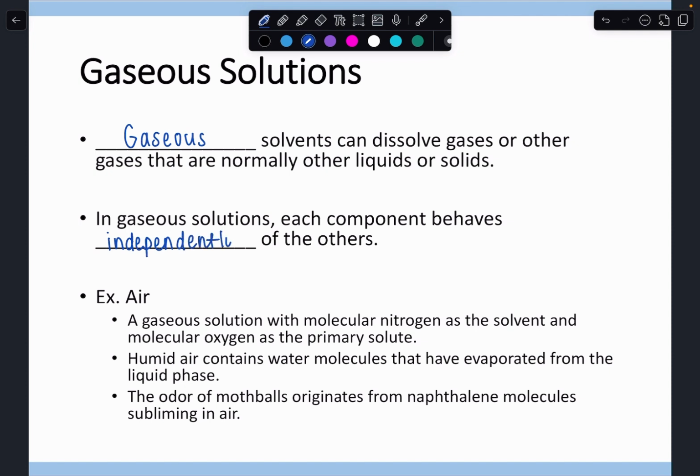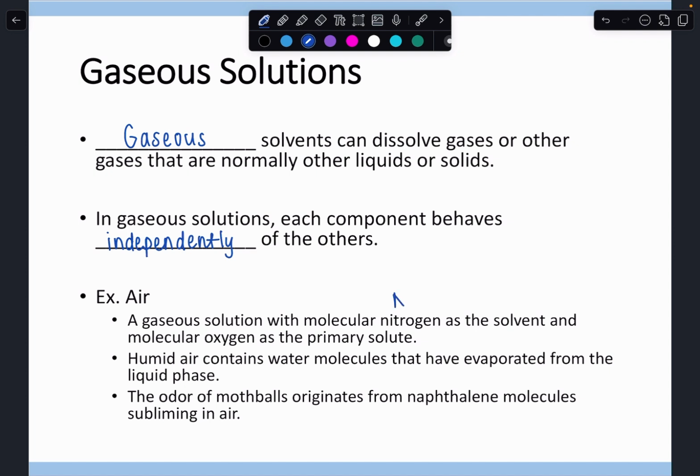This was one of the pieces of the ideal gas law, where we'd say if you have a mixture of gases, they behave independently. Here are some examples of gaseous solutions. A great example is air in our atmosphere. Air is a gaseous solution.